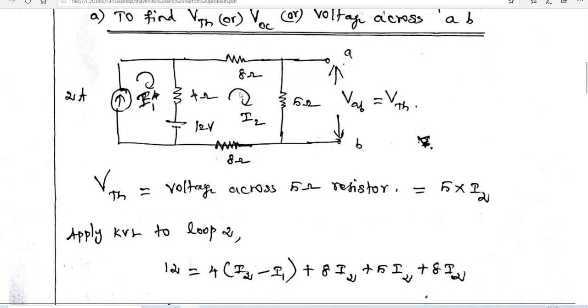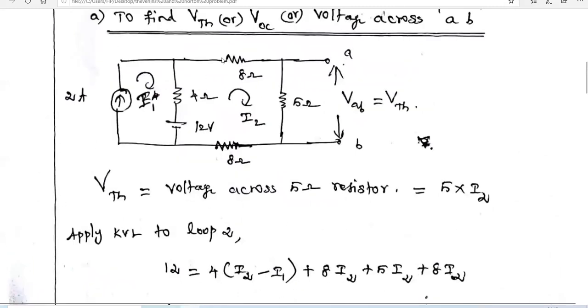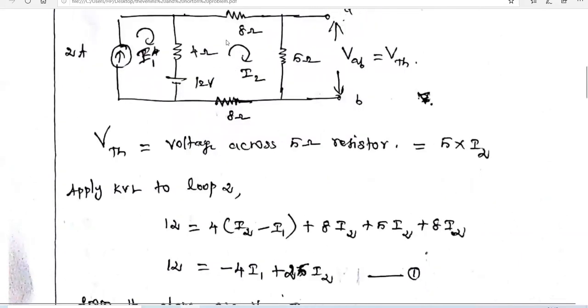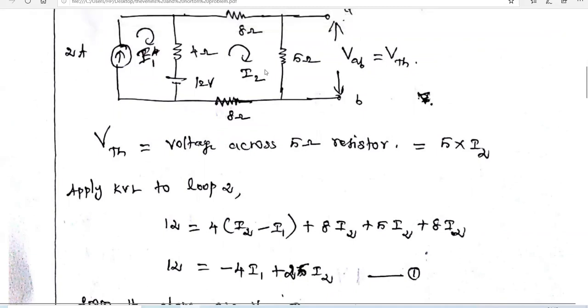We are writing the KVL equation for loop 2, so we consider I2 as the first current. So 4 into (I2 minus I1). Then coming here, the 8 ohm resistor carries I2, so 8 into I2. Then plus 5 into I2 for the 5 ohm resistor. Then again here is an 8 ohm resistor with current I2, so 8 I2.